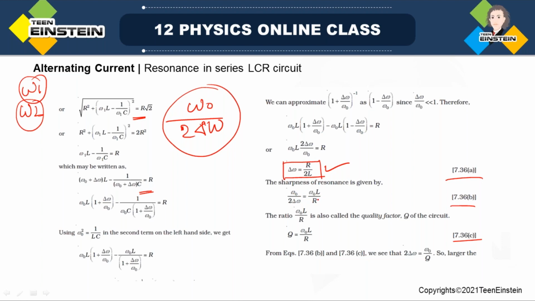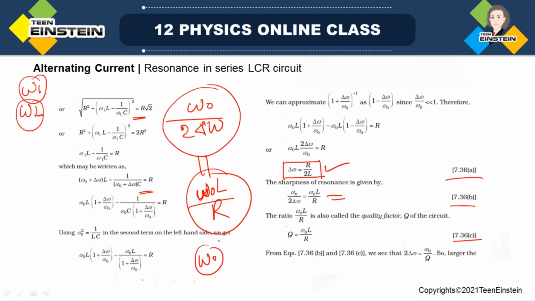So omega 0 by 2 delta omega, for a series LCR circuit, is omega 0 L by R. That means sharpness depends on three parameters.